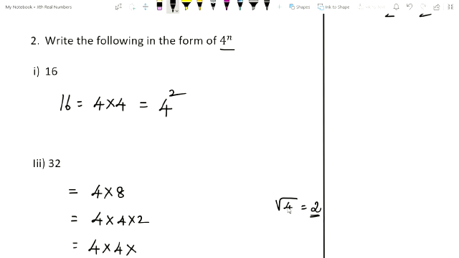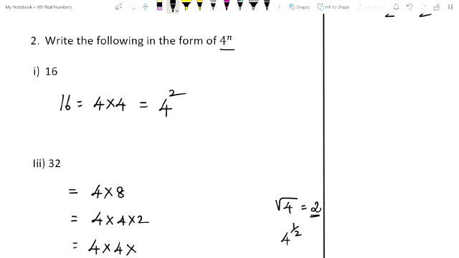You have to take this. How can you write this square root of 4? 4 power 1 by 2. This is index notation. Okay, power notation we are writing. 4 power 1 by 2. So instead of the 2, you have to take 4 power 1 by 2. Do you understand, children? Here 2 is there because we should give the answer in the form of 4 power n.